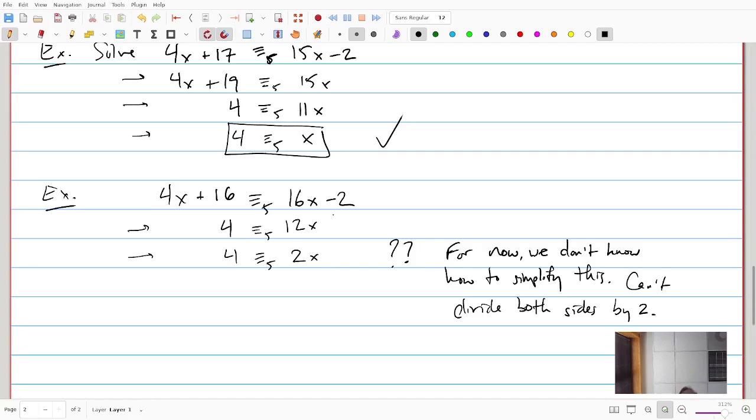So now when I add 2 to both sides, I get 18, which is equivalent to 3 modulo 5. Now we really don't know how to solve this, because dividing by 2 really doesn't make sense, because I would end up with 3 halves over here. And what would it mean that x is equivalent to 3 halves? We've only defined this equivalence for integers. So that would not really be a valid solution for x, because we're assuming that x is an integer. Right, x has to be an integer.